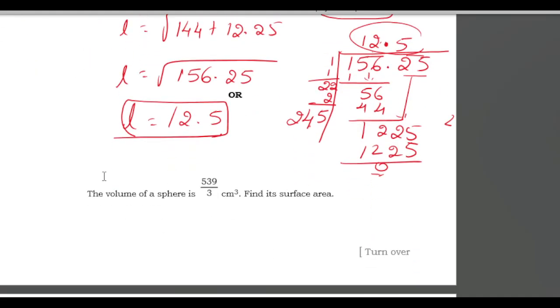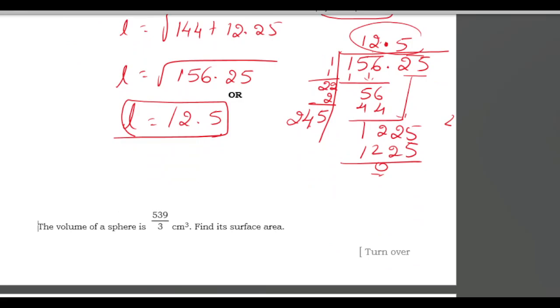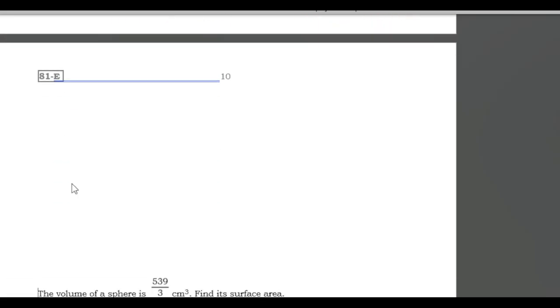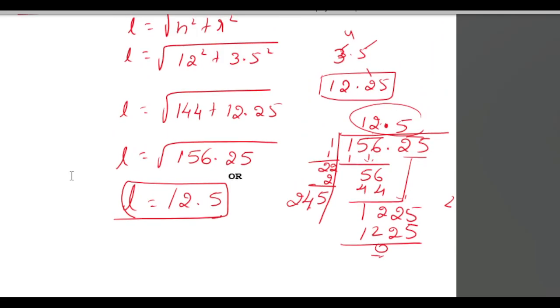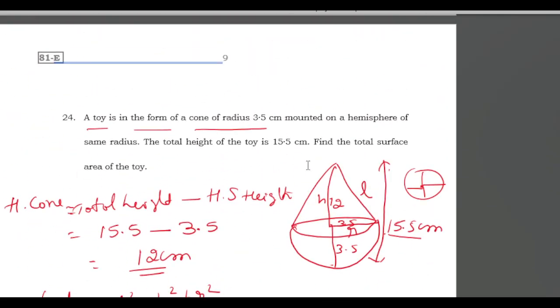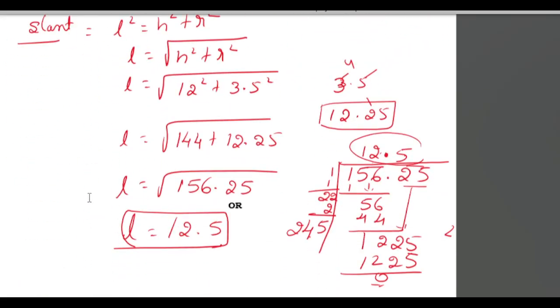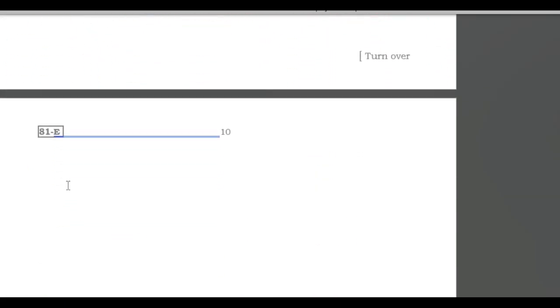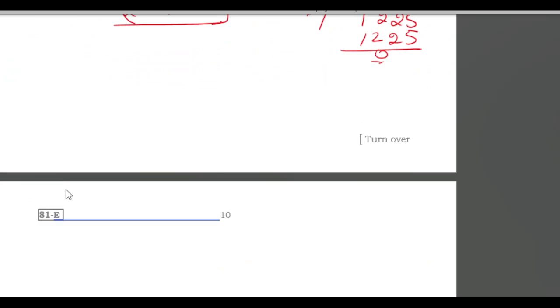So we found L, H is given, R is given. Now we have to find the total surface area. What is the total surface area formula?